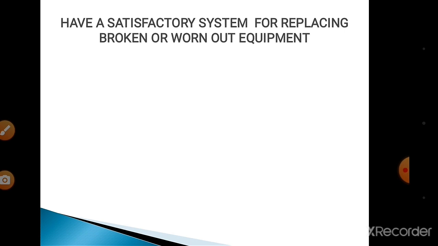Now, come to the next point. Have a satisfactory system for replacing broken or worn out equipment. Many hospitals maintain an exchange system for the replacement of equipment in order to prevent overstocking or lowering of equipment standard.